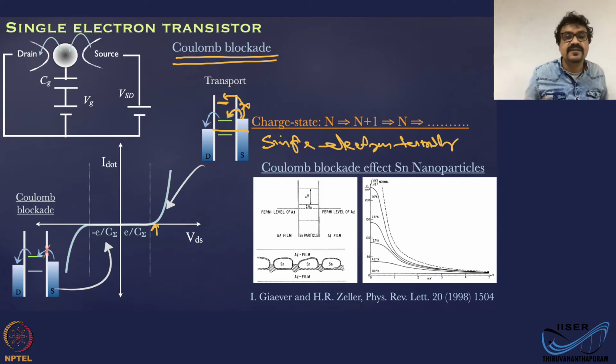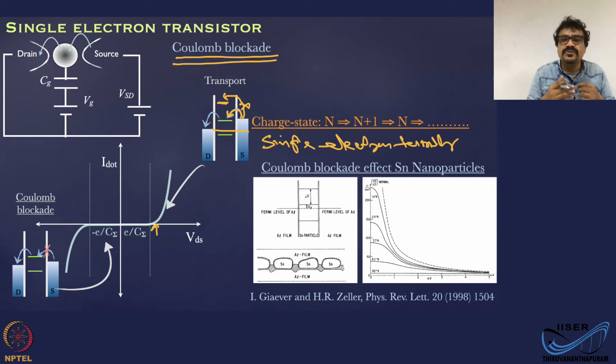And this device, which is a three-terminal device controlled by source, drain, and a gate, is similar to a transistor, a MOSFET, where you have source, drain, and a gate also. But this one is operating in a regime where you are going to see the effect of quantization of the charge, or the discrete nature of the charge.